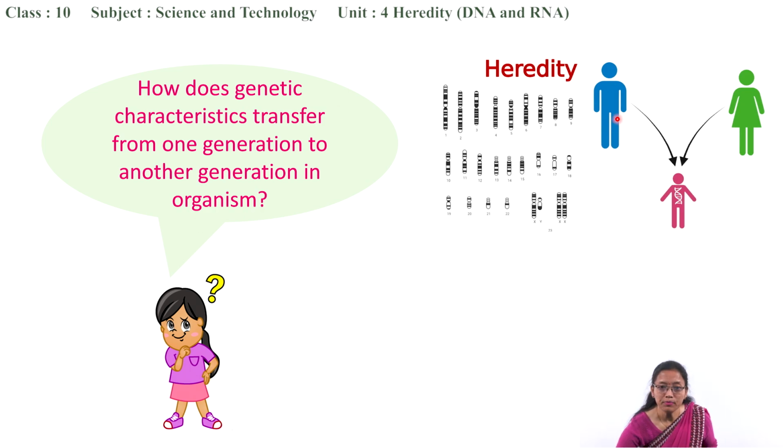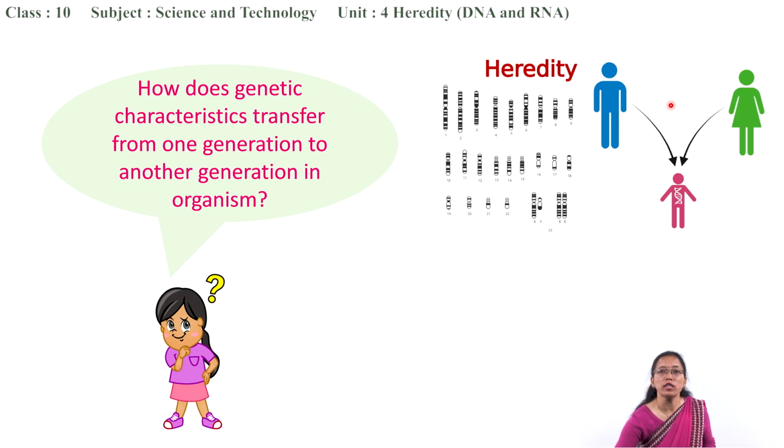Just see here. The chromosomes present in human beings are shown here. From the male, one set of chromosomes, and from the female, another set of chromosomes. That means in human beings there are 46 chromosomes.